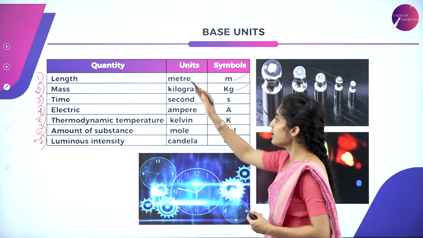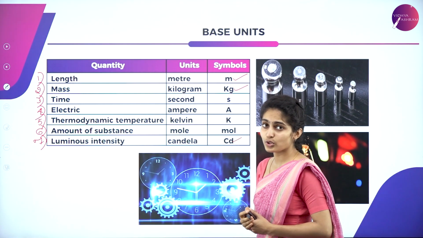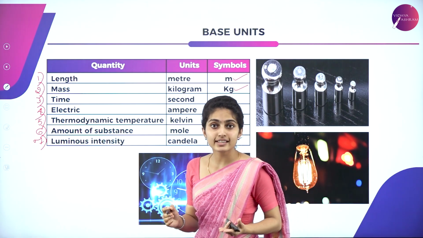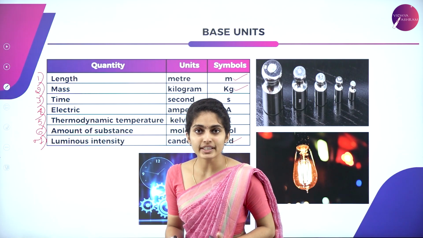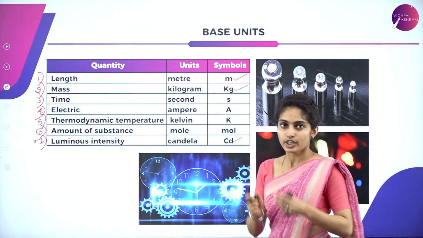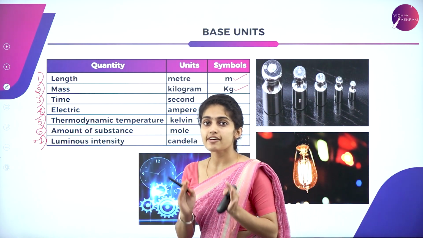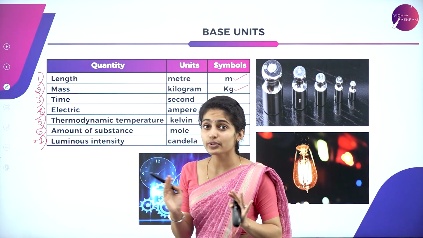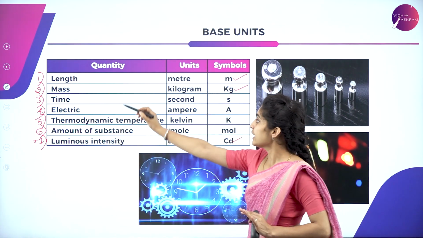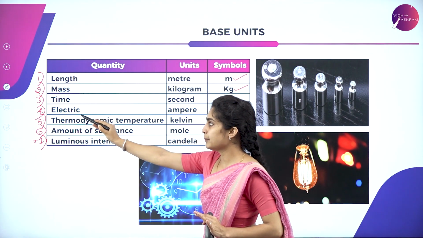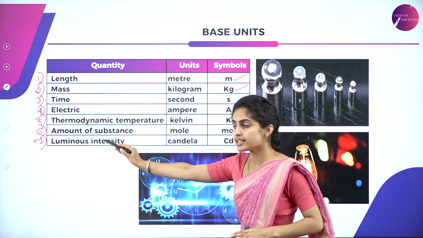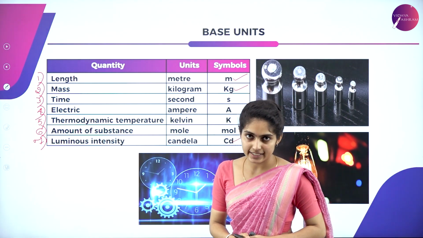So you got to know there are 7 base units: length, mass, time, electric current, thermodynamic temperature, amount of substance, and luminous intensity.